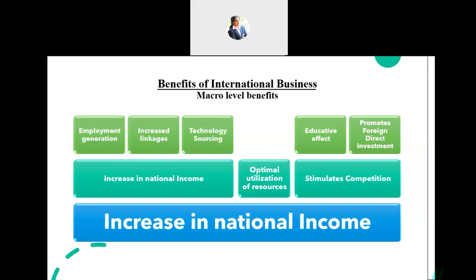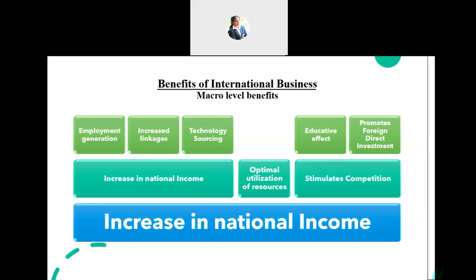Also, the entrepreneurial and management expertise generally helps the economy grow faster. And also, the traditional factors of production can be used more effectively.